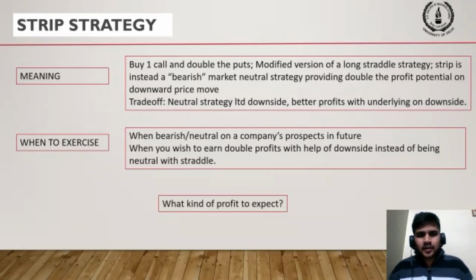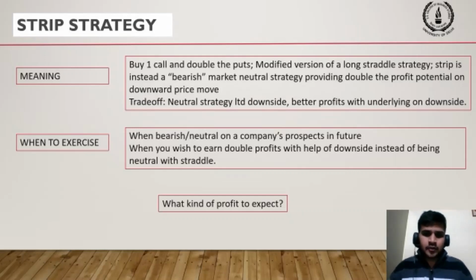Basically it's a modified version of the long straddle strategy, in which we buy one call and double the puts. Strip is a bearish market neutral strategy in which the investor is hoping for the market to go down but is still unsure whether it will go down or not. So it will provide a double profit potential compared to what straddle provides, because there was only one call option and one put option.